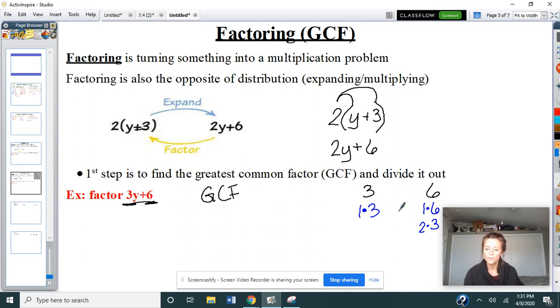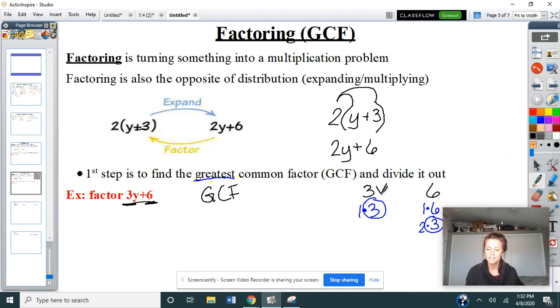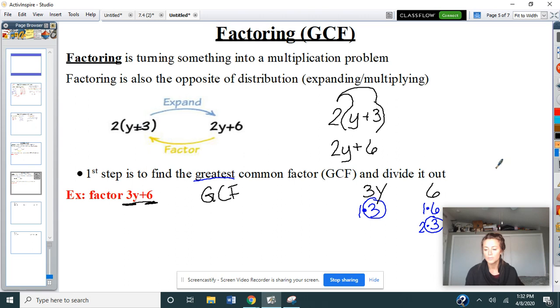So if we write it out, what do they have in common? They have a 1 in common, but is that the greatest common factor? Is it the greatest number they have in common? No, they both have a 3 in common. So the GCF of 3 and 6 is 3. Now, though, we're talking about 3y. The y is just a letter.